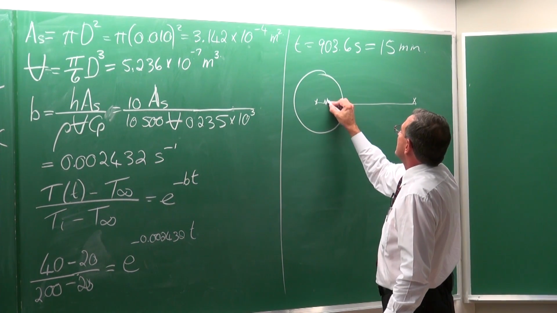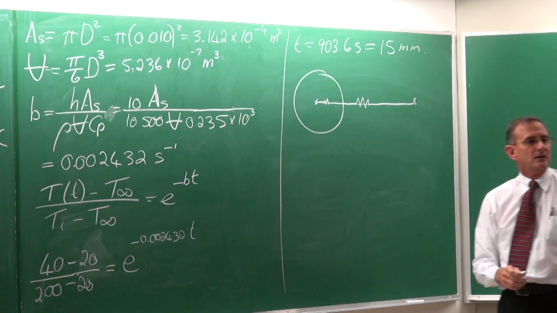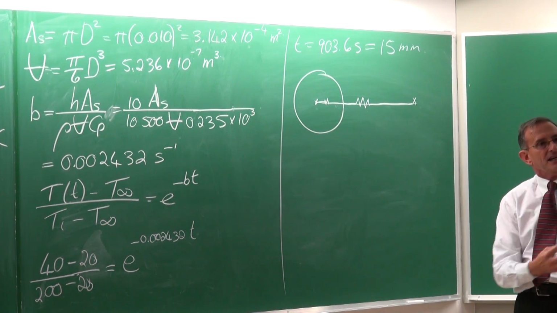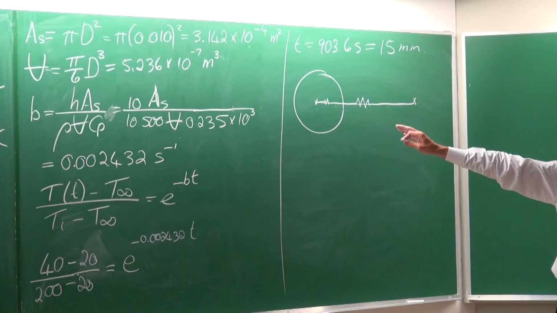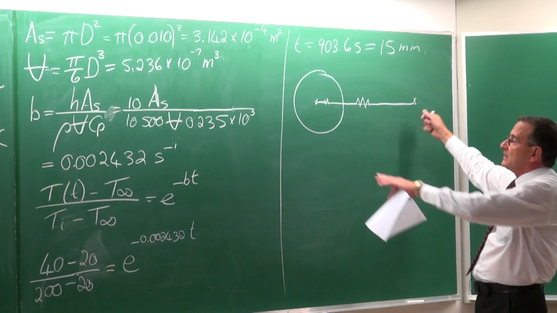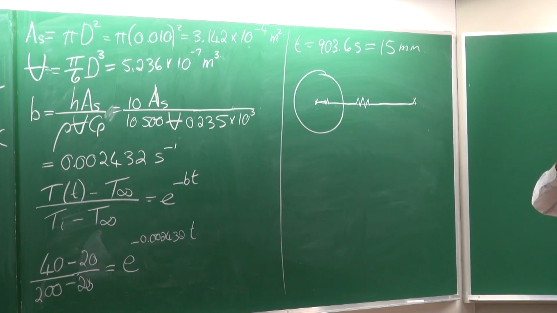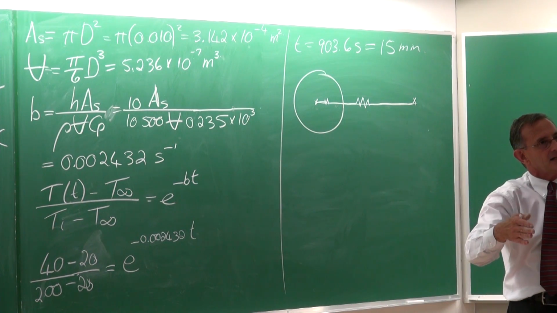We consider that as a resistance element there, and there's another resistance element there. That is what causes the resistance against heat transfer. And the analogy is exactly the same as with electricity, the voltage difference, the current, and the resistance. The current and the heat transfer rate is the same. The voltage difference, the temperature difference is exactly the same.